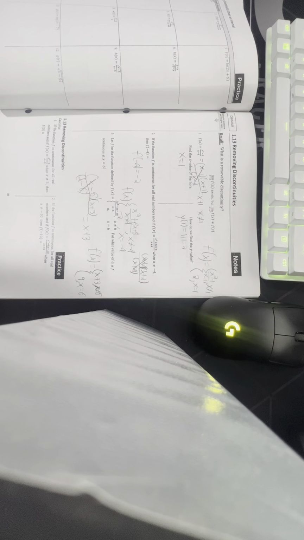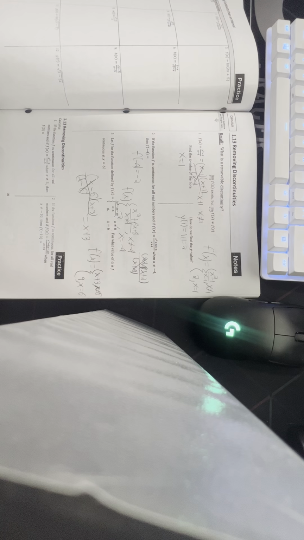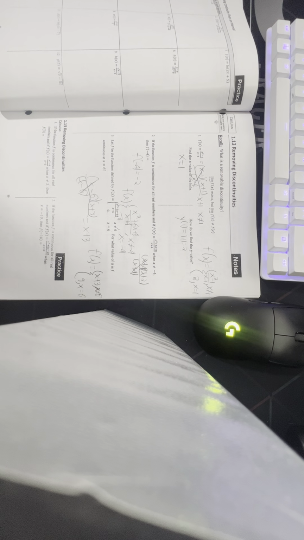That's just saying that it can approach, let's say x approaches 1, right? But f of x cannot equal 1. It can never equal the point. It can approach it, but it can't equal the point. That is all that is saying.